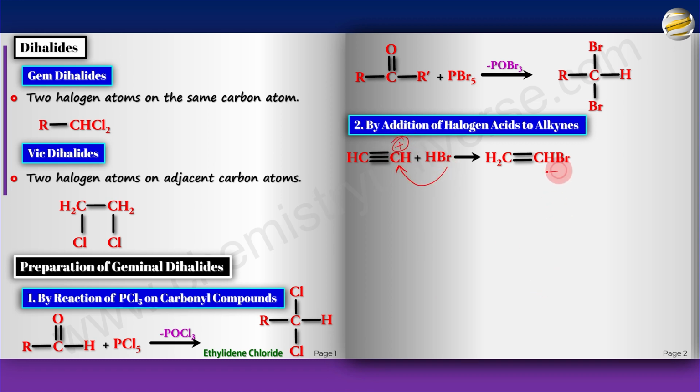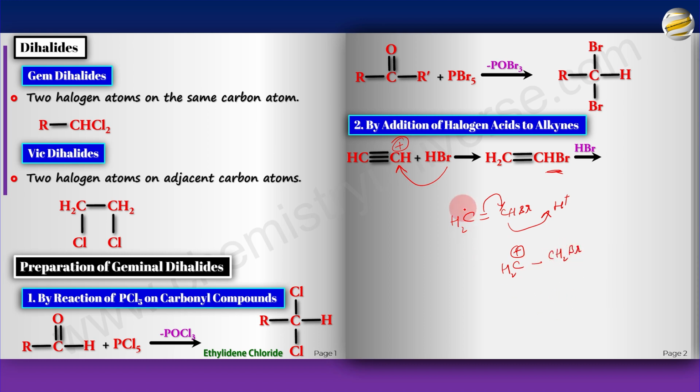And you get this. Now if you add one more mole of HBr, there are two options. With CH2=CHBr, the minus can go to this carbon and the other carbon takes the proton, and you get CH2 positive, and this becomes CH2Br.